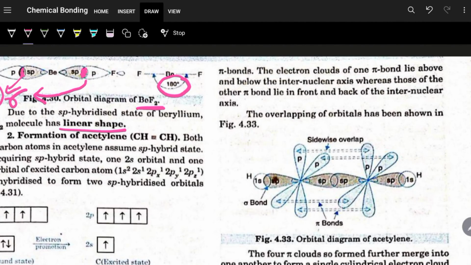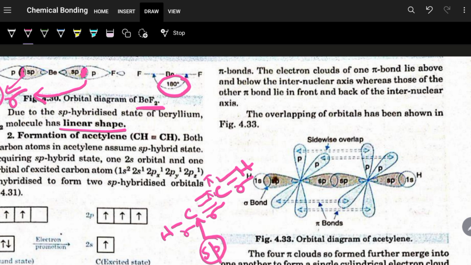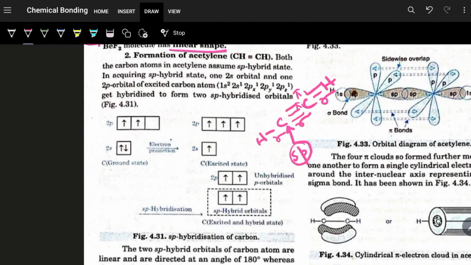Such a case is seen in acetylene. Remember in acetylene what I said, that it is a sigma bond here, sigma bond here, sigma bond here, but there are two pi bonds, pi 1 and pi 2. So each carbon atom is sp hybridized, and to see that, each carbon atom is forming two sigma bonds.